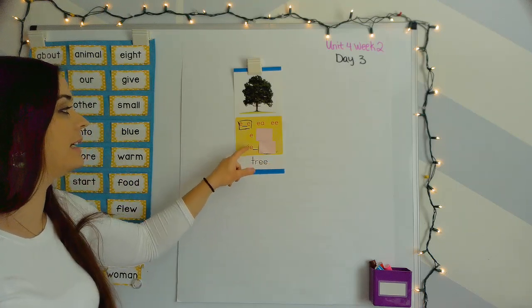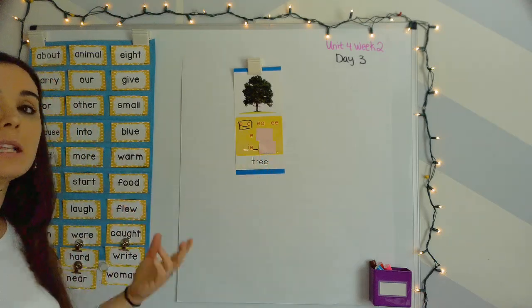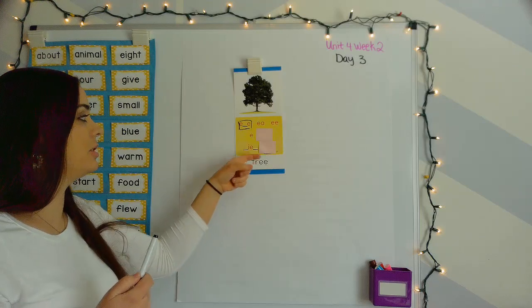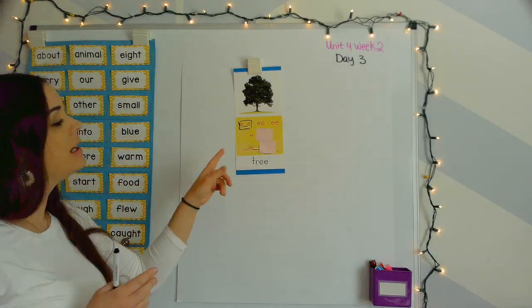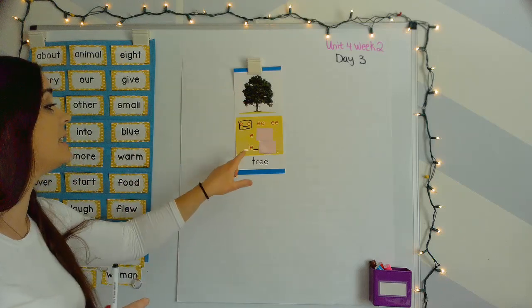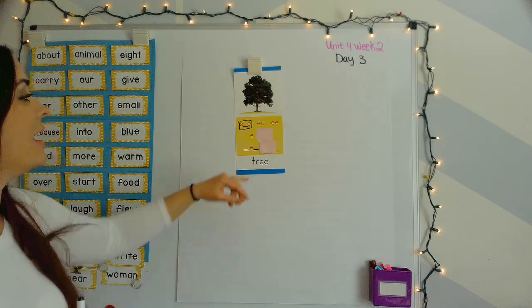There will always be sounds or letters on either side of that IE. So that's a nice clue that tells you that IE, if those are together and they're in the middle of the word, it's going to say the long E sound.